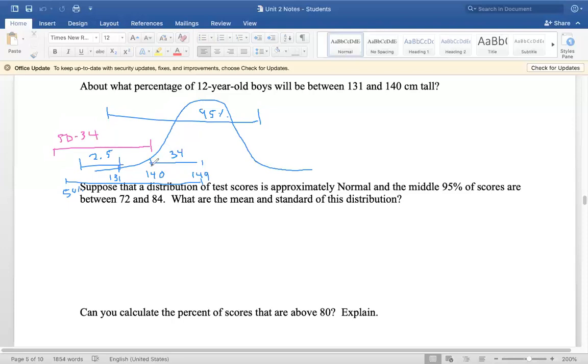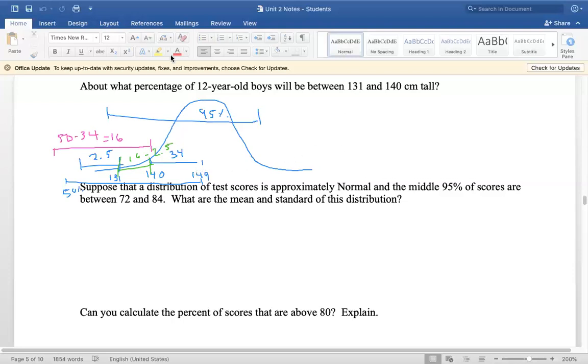Because I got this 34 from the 140 to 149, which is 16%. And now I got this 16% minus this 2.5. So to get this area in the green, I have to do 16 minus 2.5. So I'm just breaking everything down into different chunks.